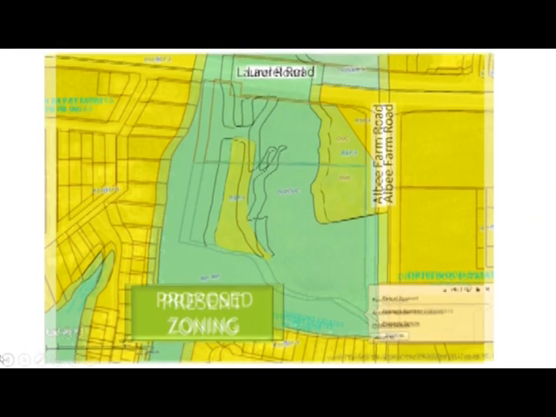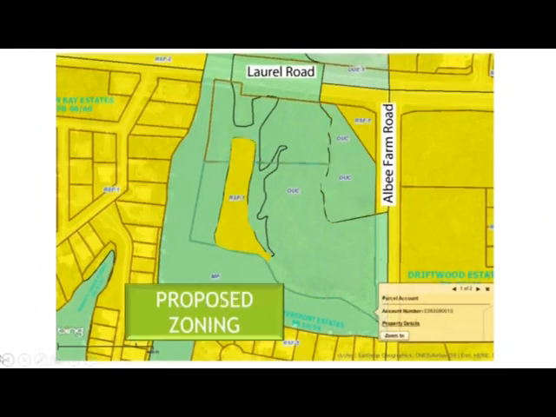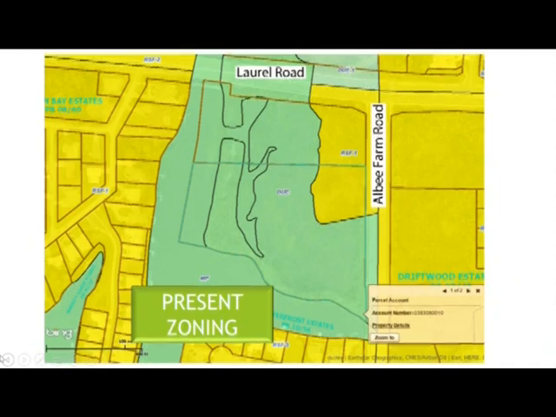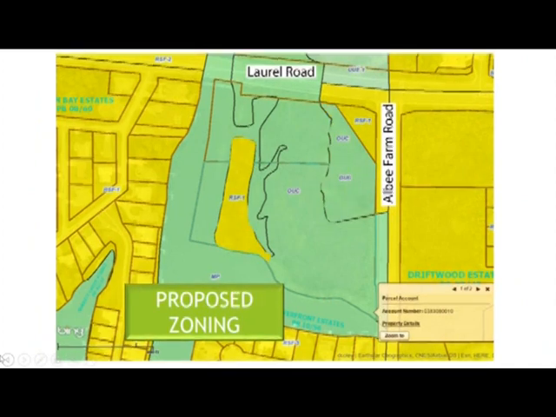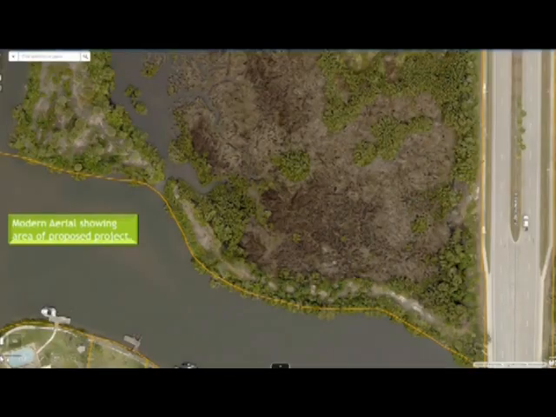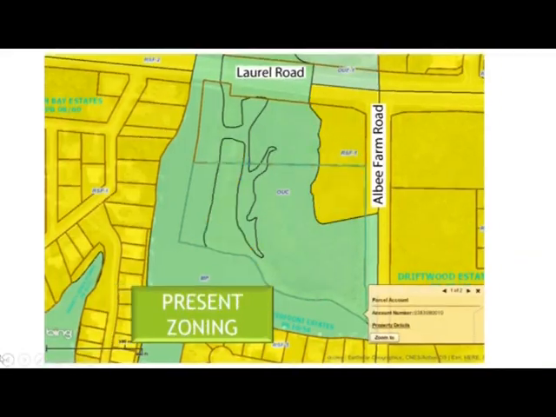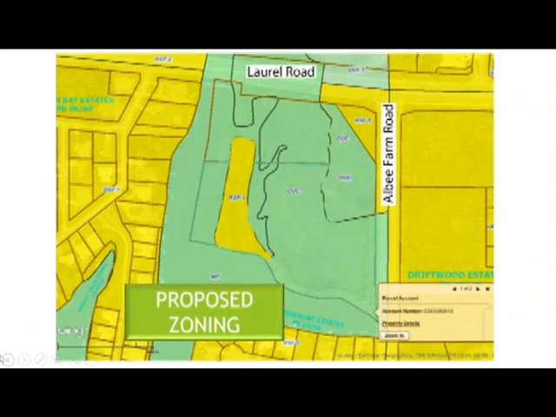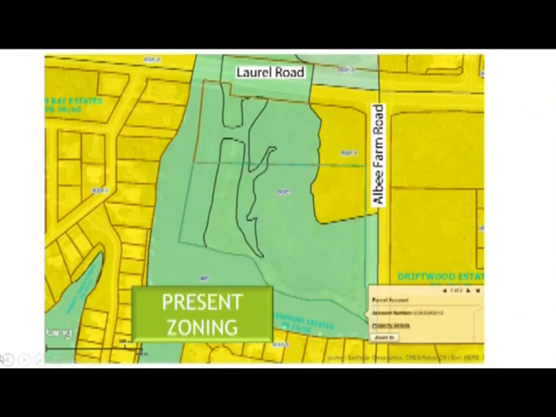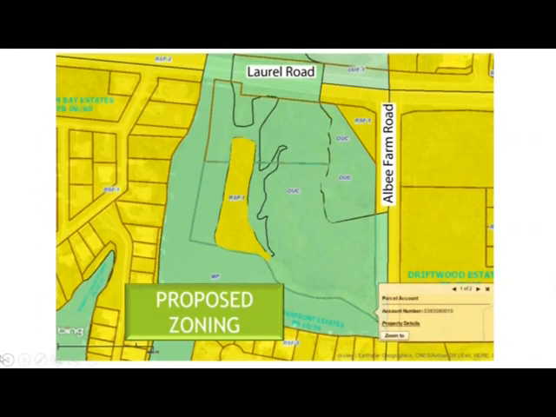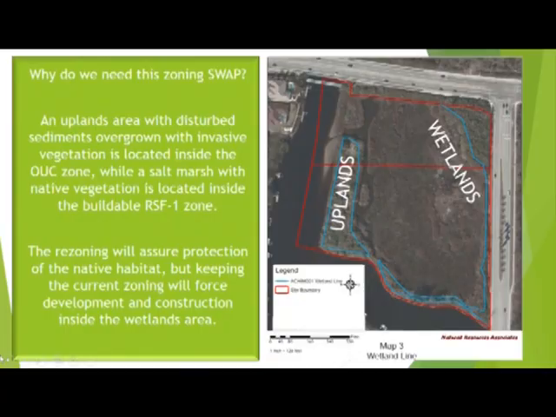If we're going to call this a swap, then it benefits the county and the environment, in our opinion, because it means that almost 1.5 acres of designated wetlands, or whatever the amount might be, it's significant, will now be zoned OUC, while a much smaller parcel of approximately 1 acre will be zoned RSF1. And this area that we're seeking to have rezoned is upland. And again, only one single family home is going to be constructed on that entire acre.